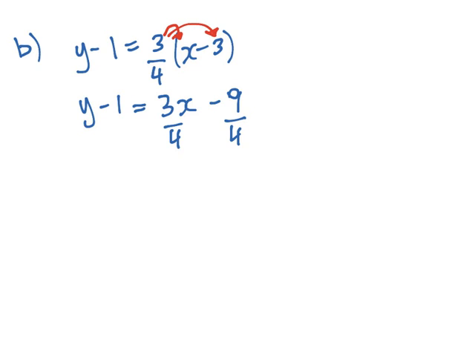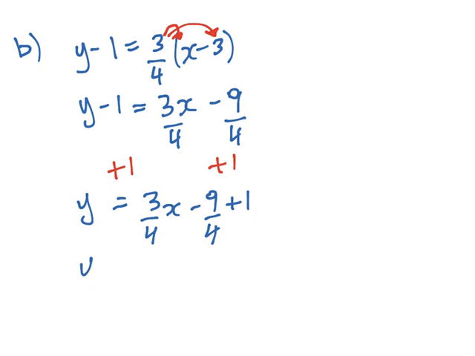Next, we have to move the -1 from the left-hand side to the right-hand side by adding 1 to both sides of the equation. So we have y on the left-hand side, and 3/4 x minus 9 over 4 plus 1.